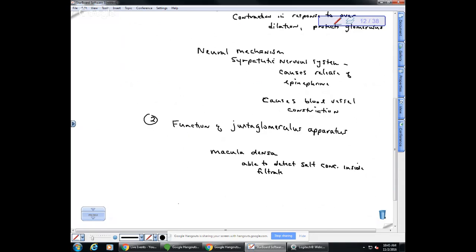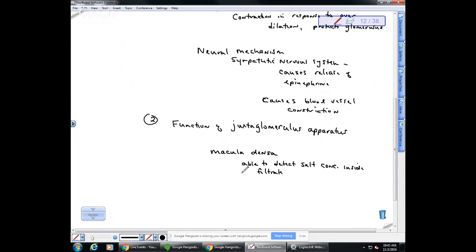It is near the distal part of the nephron, at the very end when the filtrate should have already been modified. So salt should have already been reabsorbed here.